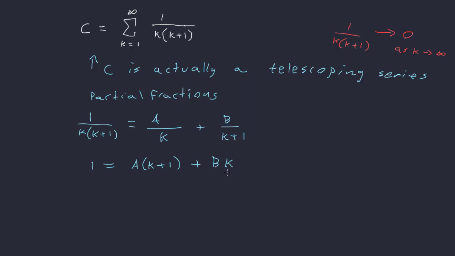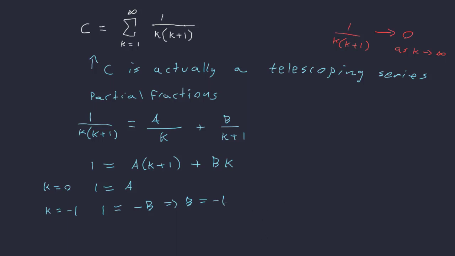Here's a case where we can actually plug in special values. So I'll start by plugging in 0 for k, and we get a is equal to 1. And if we put k equal to negative 1, we get 1 is equal to negative b. So b is equal to negative 1.